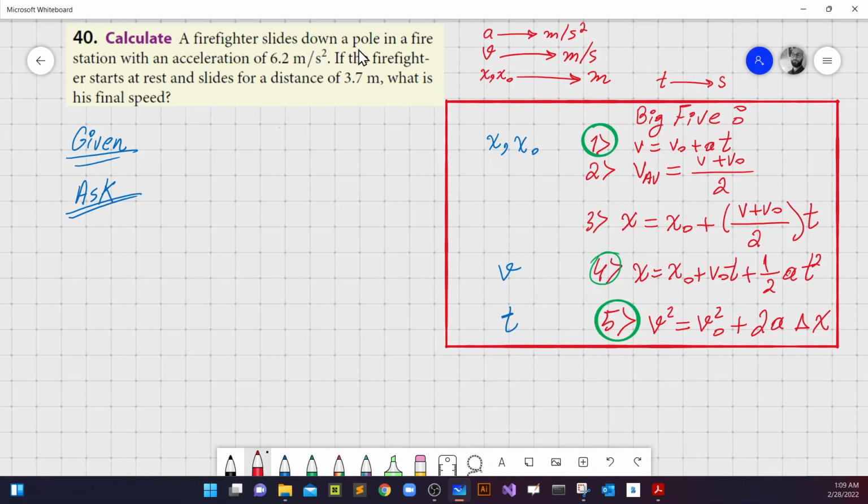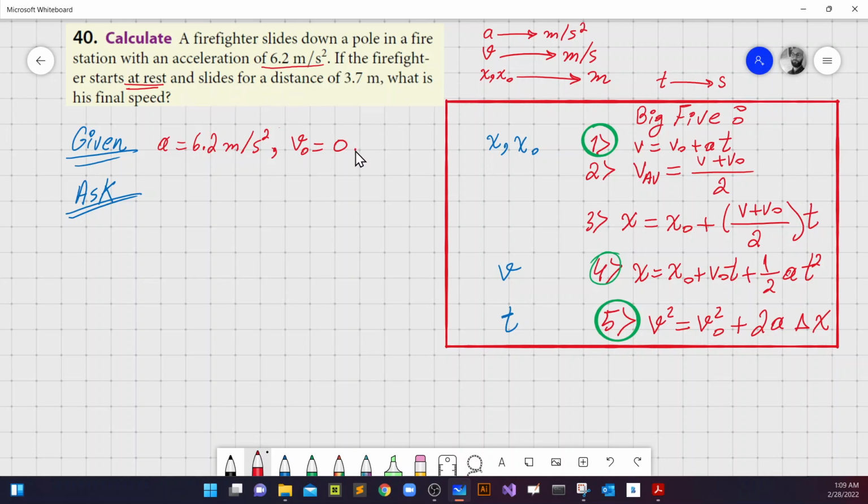A firefighter slides down a pole in a fire station with an acceleration of 6.2 meter per second squared. So the acceleration is given here. Let's write 6.2 meter per second squared. If the firefighter starts at rest, whenever we have starting from rest we need to write that the initial velocity is equal to 0, and slides for a distance.